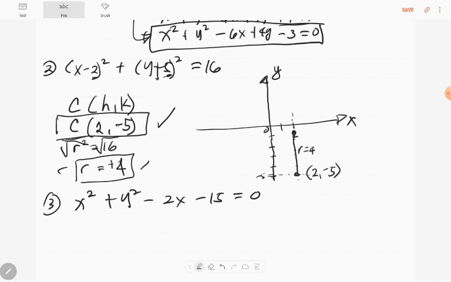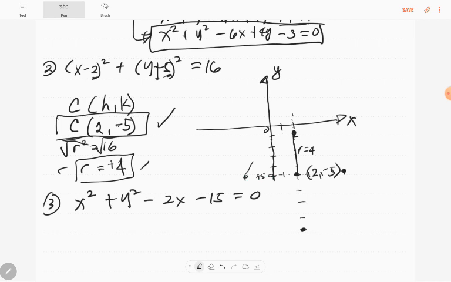So from here, you also have to count 1, 2, 3, 4. This must be another radius, okay? So downwards, you have to measure 1, 2, 3, 4. So that must be the other endpoint. To the left, you'll have 1, 2, 3, and 4.